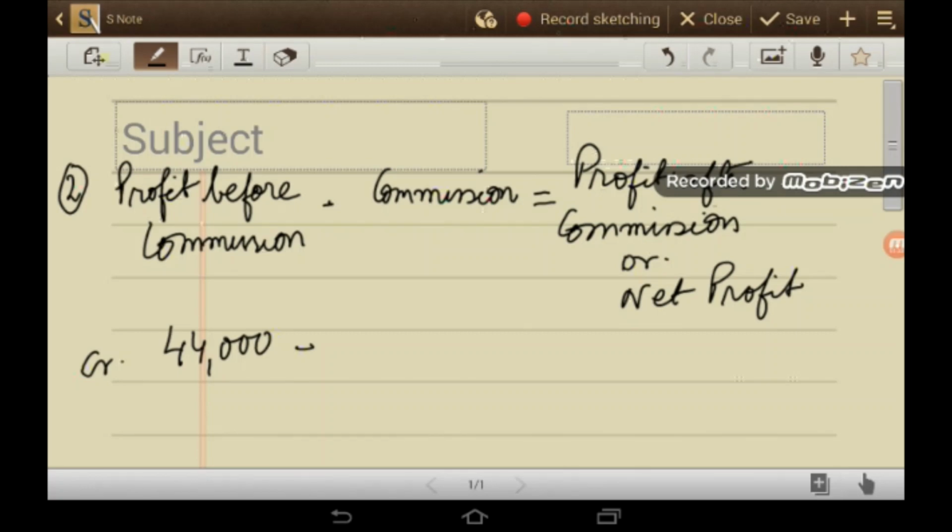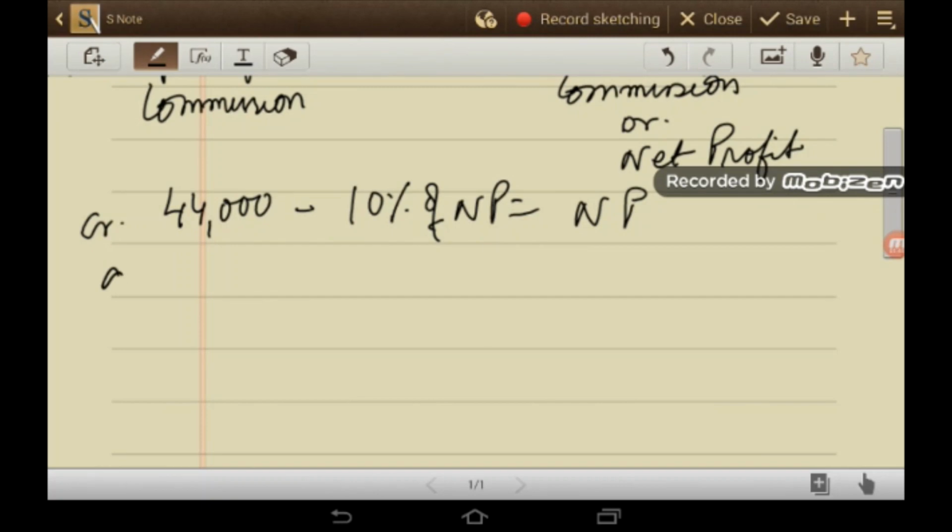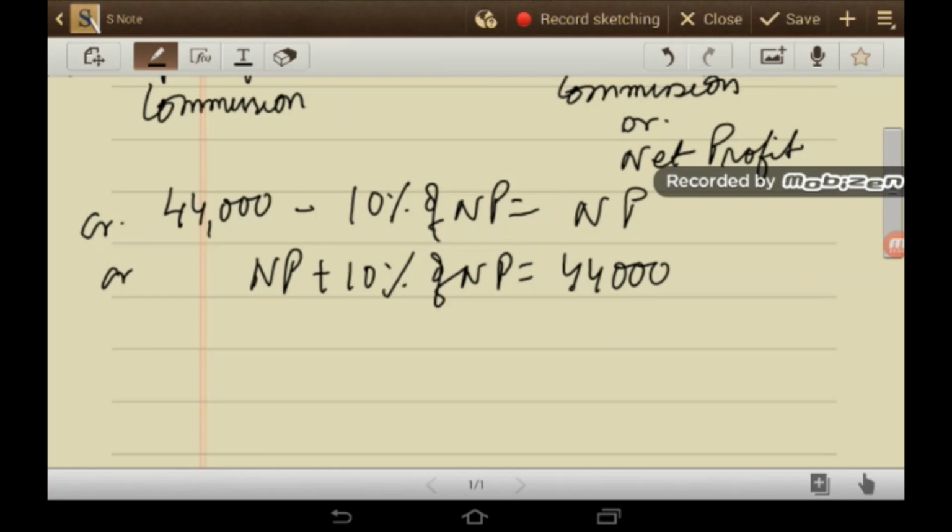So in place of commission we are writing 10% of net profit. So 44,000, the profit before commission, minus commission, which is 10% of net profit, is equal to net profit. So net profit plus 10% of net profit is equal to 44,000, or net profit is equal to 44,000 into 100 by 110.